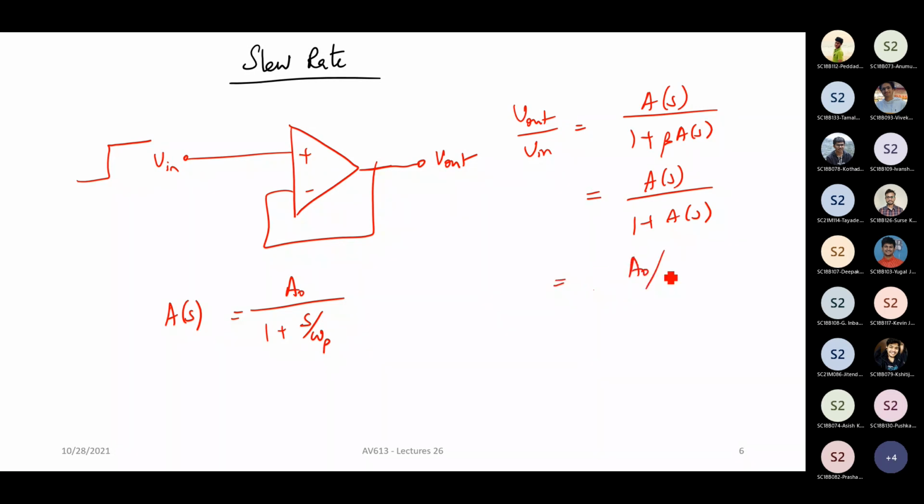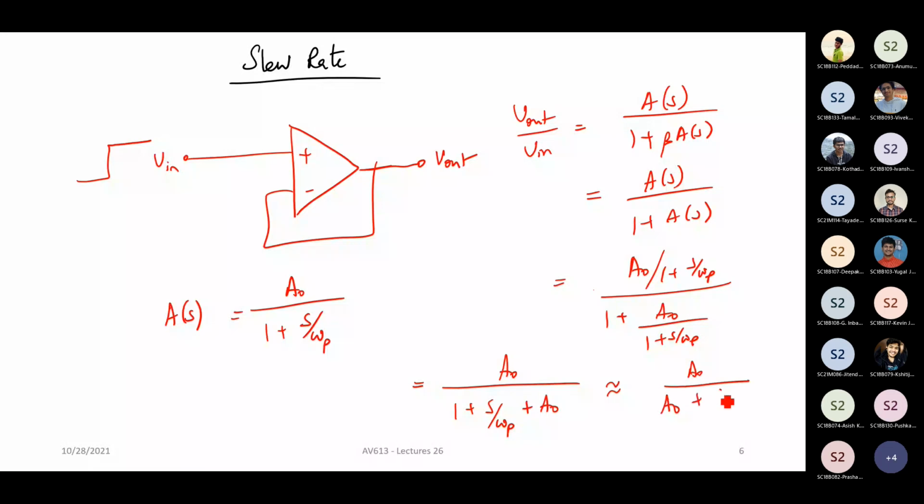A naught divided by 1 plus S by omega P, divided by 1 plus A naught divided by 1 plus S by omega P. You bring that to the denominator and you get A naught divided by 1 plus S by omega P plus A naught. Approximately, it becomes A naught divided by A naught plus S by omega P, or in other words, it can also be written as 1 divided by 1 plus S by (omega P times A naught).